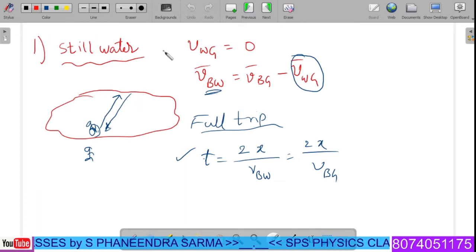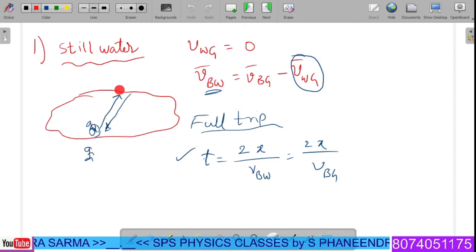Before that, let us do the analysis. What is the vectorial picture? Still water means the velocity of water with respect to ground is zero, and the velocity of boat with respect to water is VBG minus VWG. We substitute the value 0 at this place and get the velocity of boat with respect to water. This is the boat and he is the observer. Whatever the velocity of the boat, the same speed appears for this person.